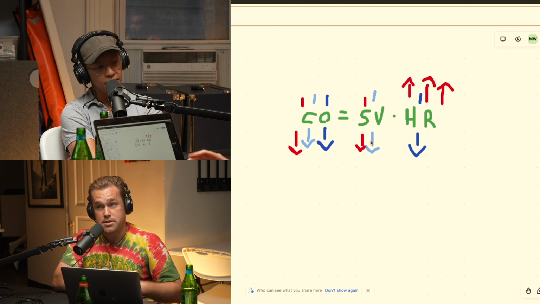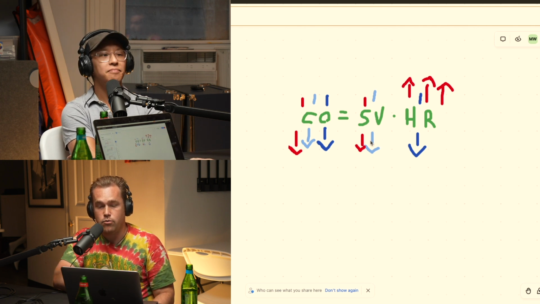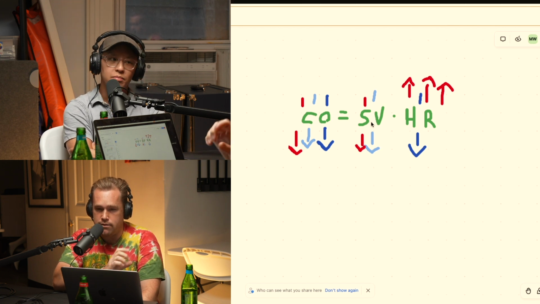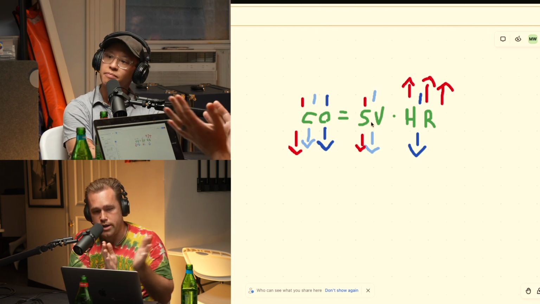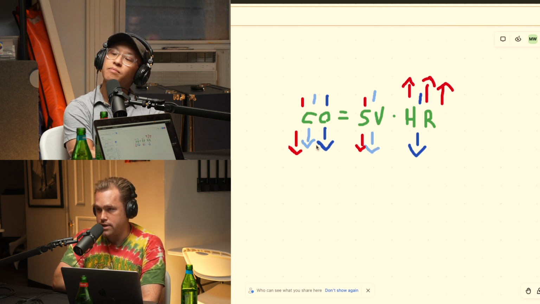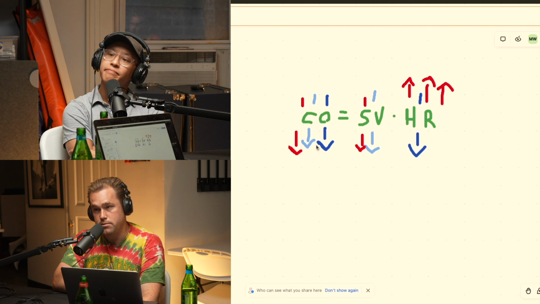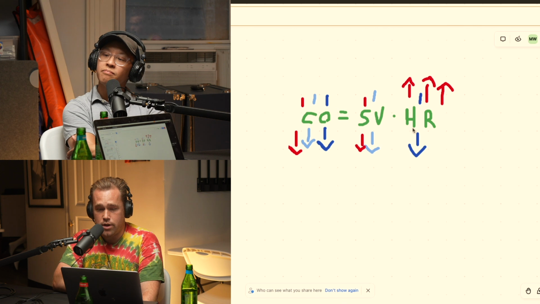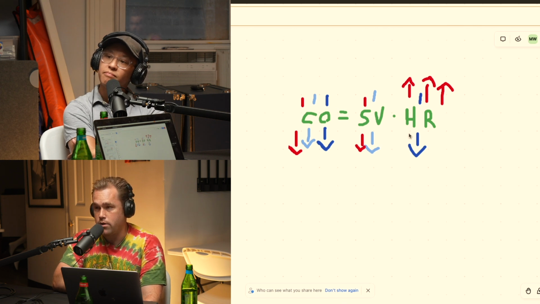If you remember, stroke volume is the amount of blood that gets ejected out of the heart in one cycle, one pump, not 1 minute, one contraction. So if the stroke volume drops, cardiac output is going to drop, and if cardiac output drops, then we're having issues with perfusion.